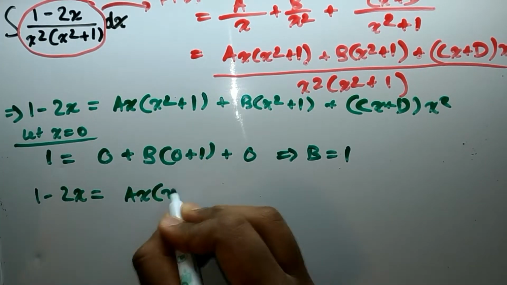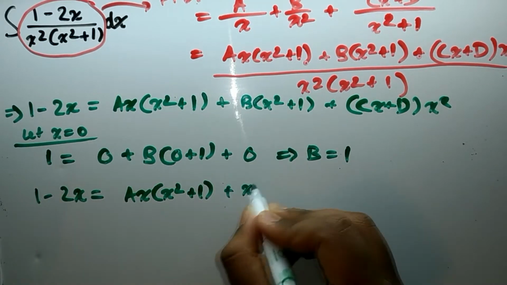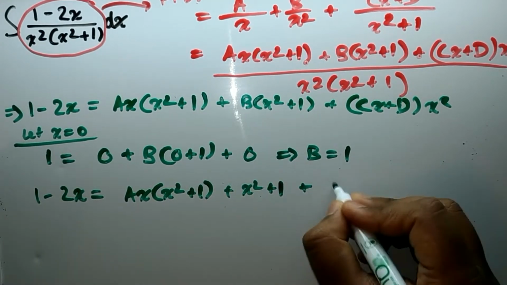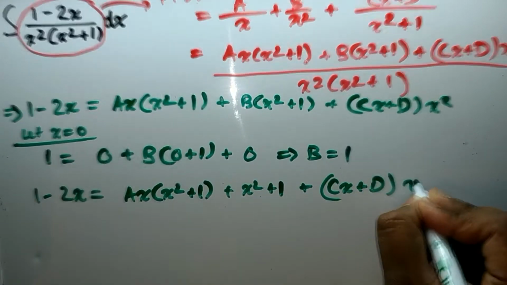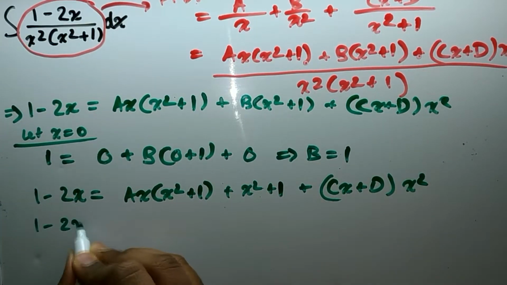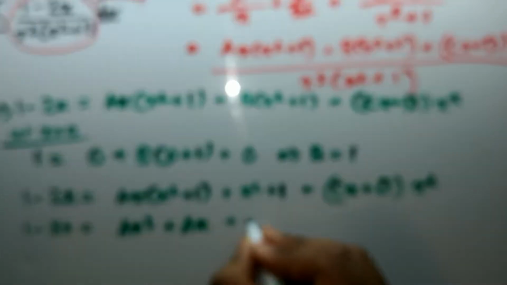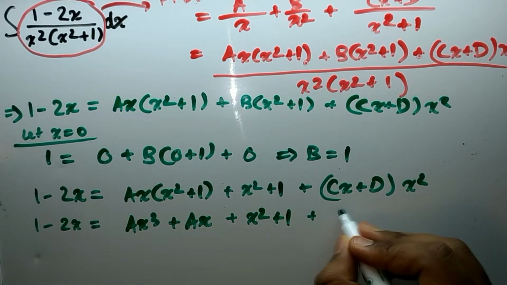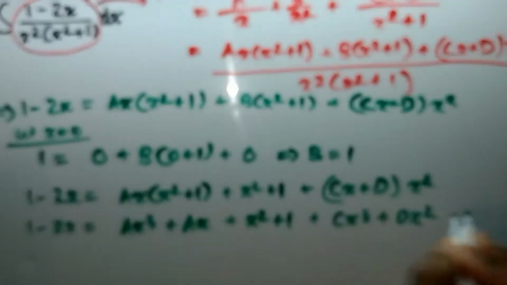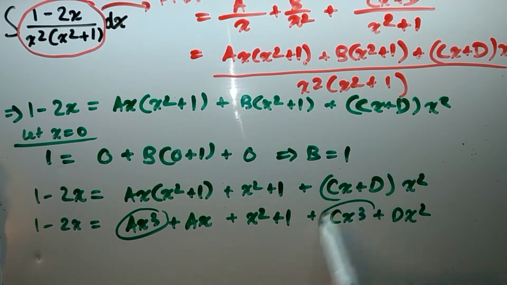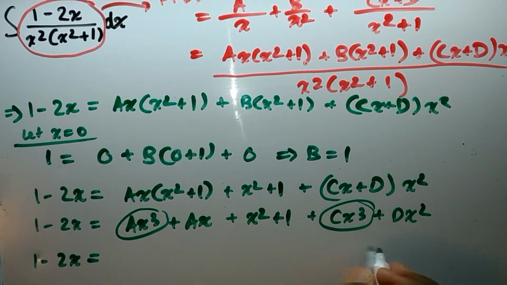And from here we can't really do much else because we can't eliminate the other terms because we have an x squared plus 1. So what we're going to do is group these terms. First we're going to expand them. So we get ax cubed plus ax plus x squared plus 1 plus cx cubed plus dx. I just put b back in.